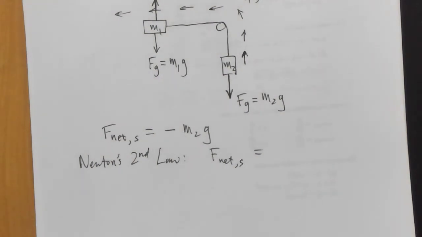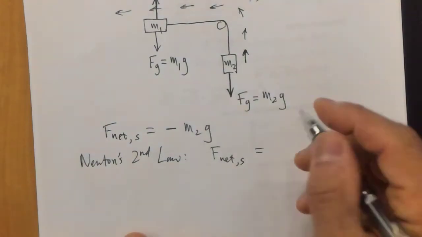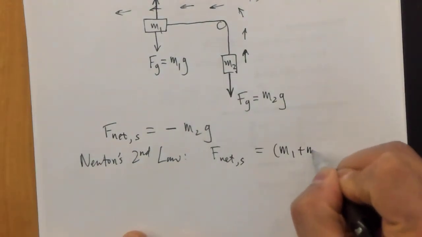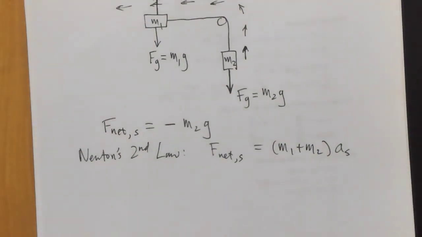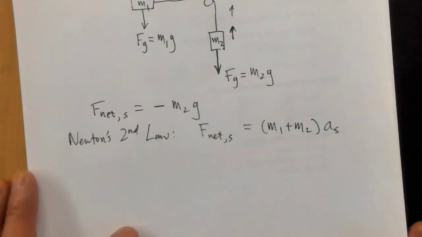Will it be M1 or M2 or M1 plus M2? Everybody got that? We're considering M1 and M2 together at this stage. That's what we're starting with. So it's M1 plus M2. And then we have some acceleration, so let's call this AS, S for the S component. Everybody is with me so far?